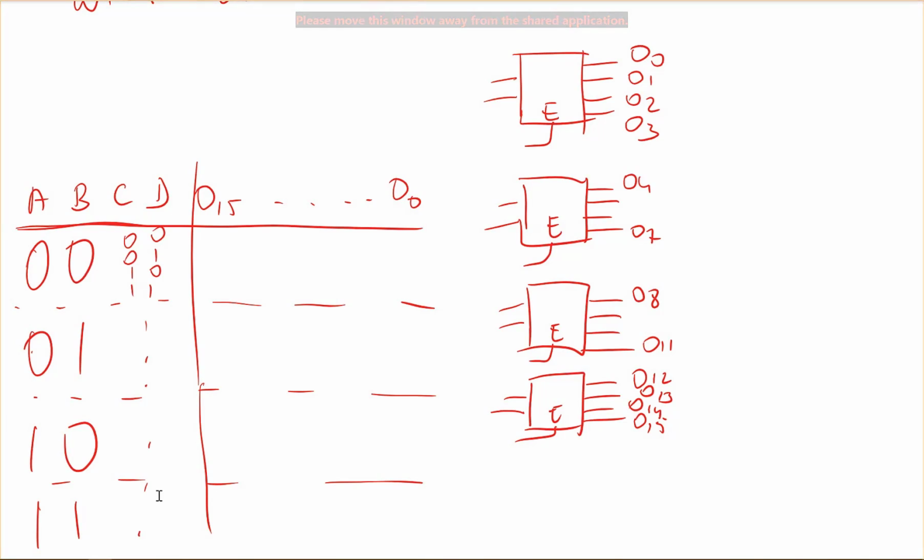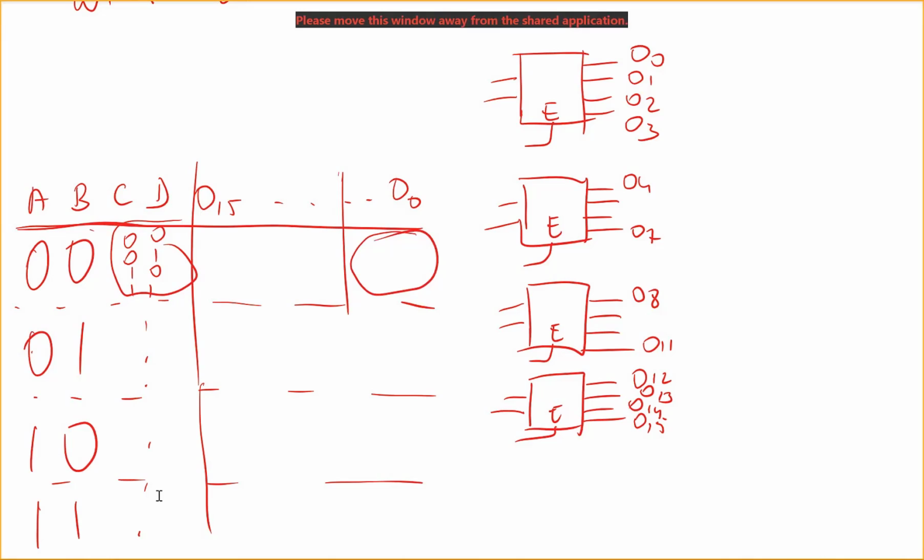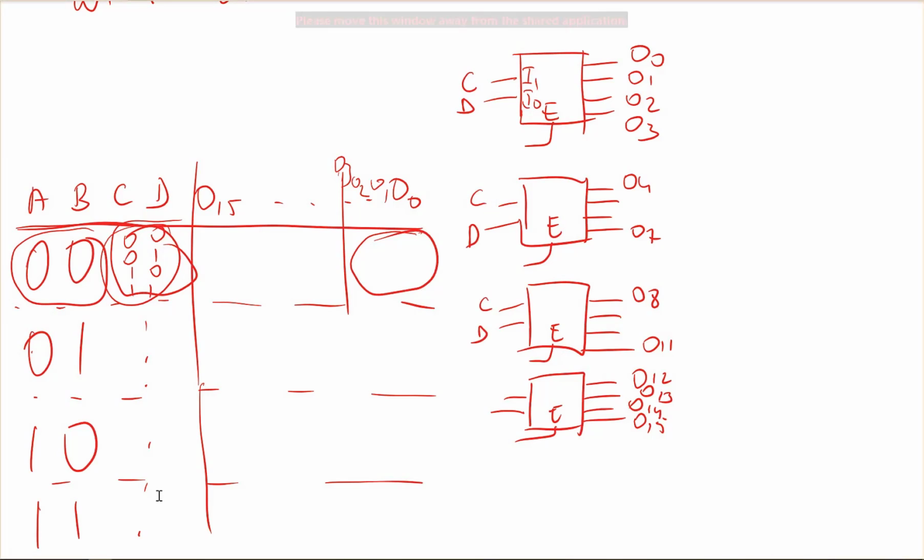You can fill these up, but you will see C and D either selects one of these groups. A and B is enabling any of these 4 lines, but within this O0, O1, O2 and O3, I am using C and D. So I need to connect my C and D here. This is my I1, I0. So I need to connect C and D here, C and D here, and C and D here.